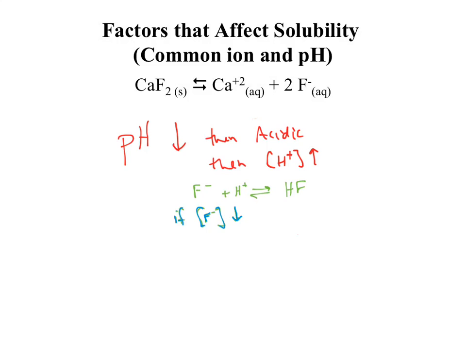What happens if F minus decreases? We get a rightward reaction. We could say products favored. And we would also say more soluble.